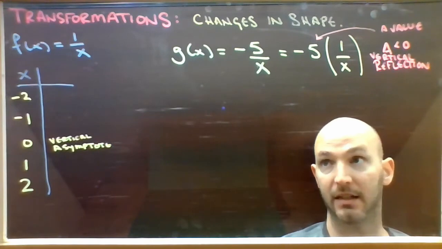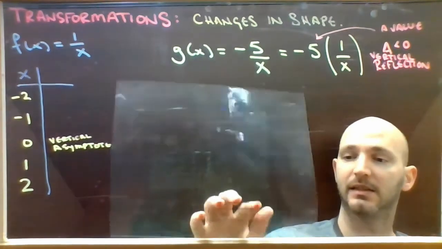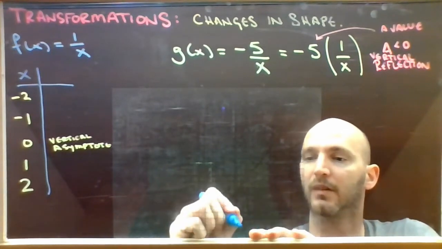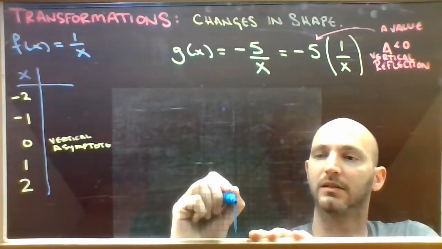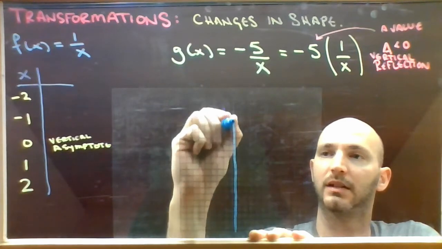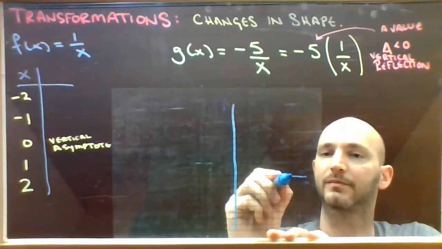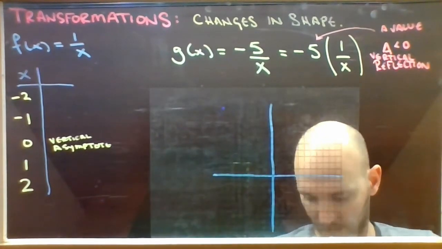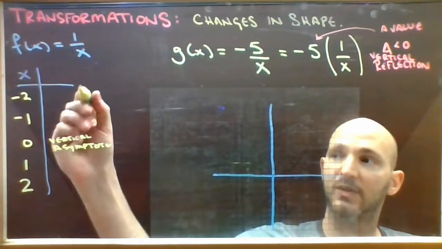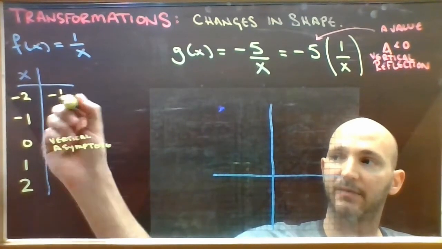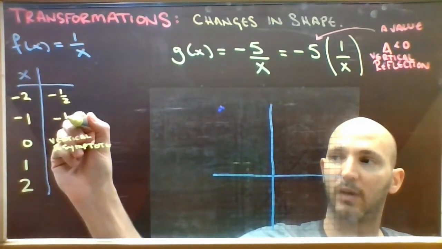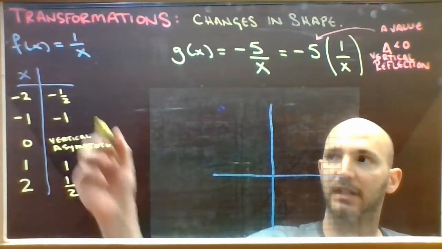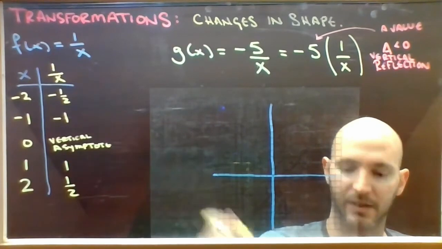So I'm going to need a graph here. And plot on my axis. So this one used to be at -1/2, this used to be at -1, this used to be at 1, and this used to be at 1/2. That's 1 over the x value.